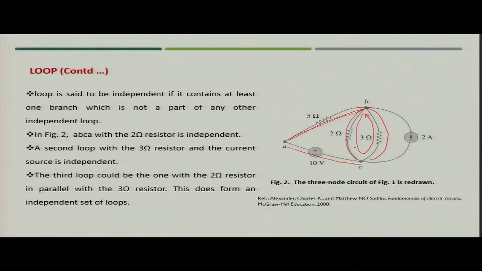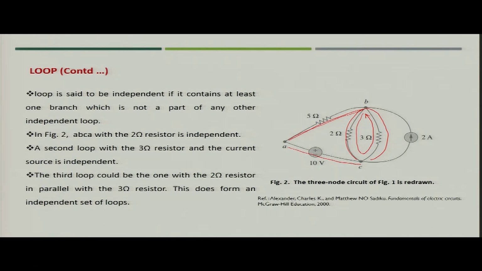So, in all the three cases you will see that at least one element in the loop is not part of another loop. So, in that way you can create the number of loops.